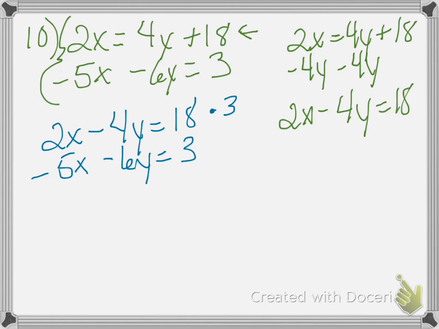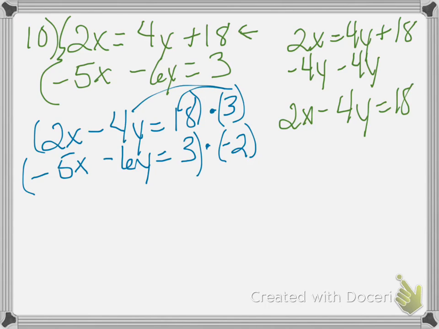And the bottom? -2. Okay. I'm going to put these in parentheses so that they don't look like they're just floating out in the middle of nowhere. So all things in the equation get multiplied. We're going to get 2 brand new equations.